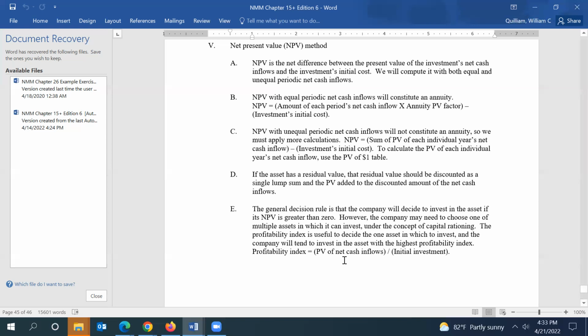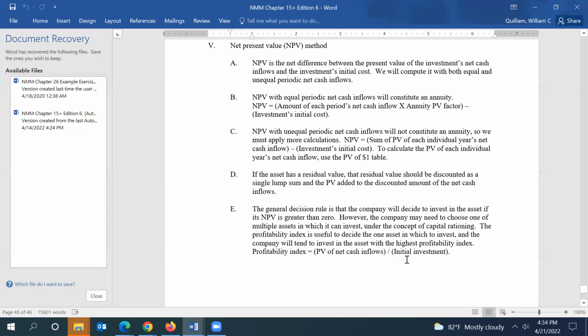Now, profitability index is the present value of net cash inflows divided by the initial investment. Well, profitability index, higher is better. It's kind of like a rate of return there. So, present value of net cash inflows, we want that to be as high as possible, of course.